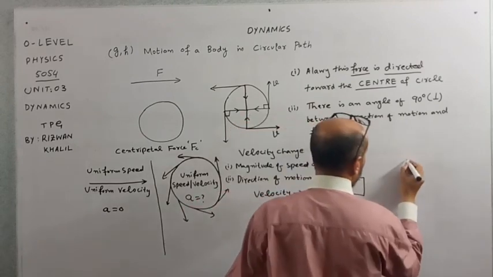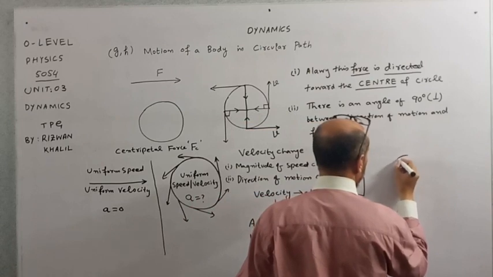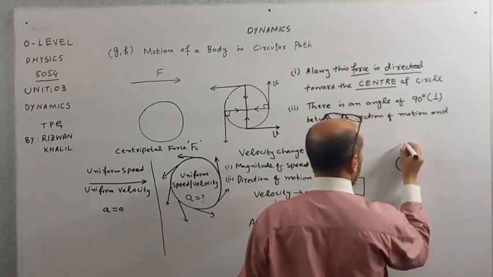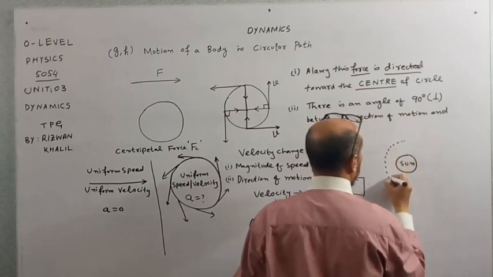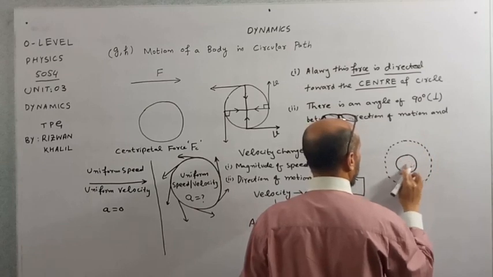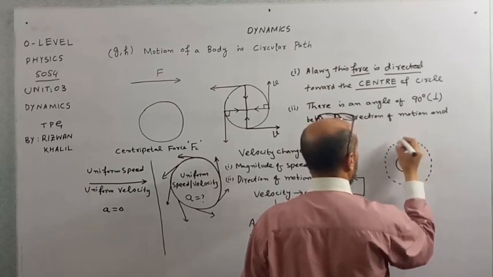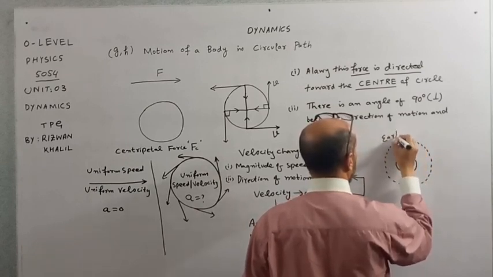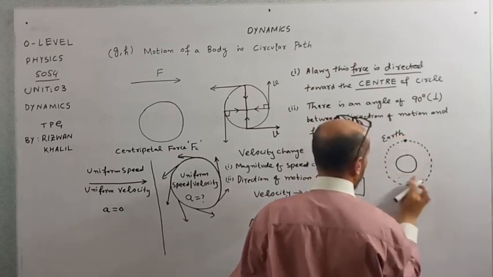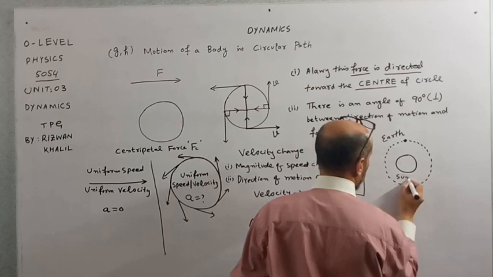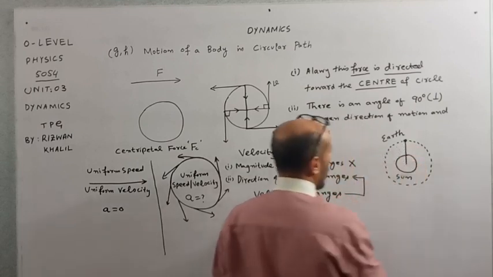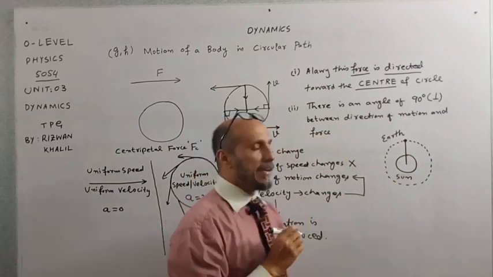Let's suppose we are considering the sun, and around the sun we are considering the earth. So this is the earth, this is the sun. What will be the direction of force acting on the earth?